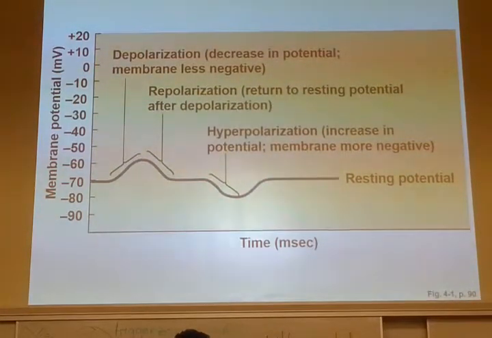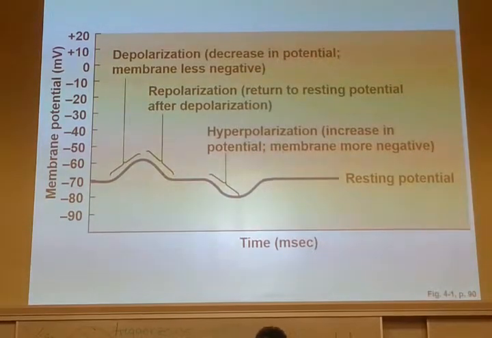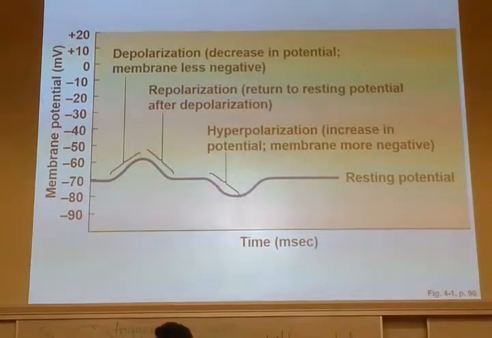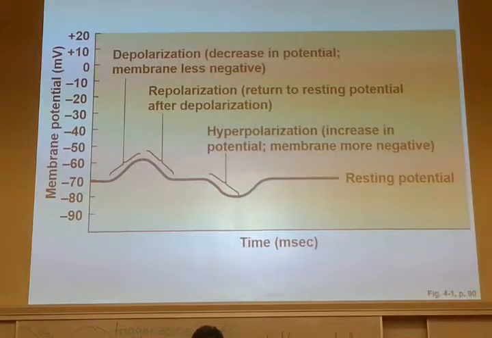When this happens in the initial segment, you get sodium diffusing back into the cell body. You get sodium diffusing down the axon. The voltage increasing here, is that going to have any effect on the cell body? No. These are ligand-gated channels.